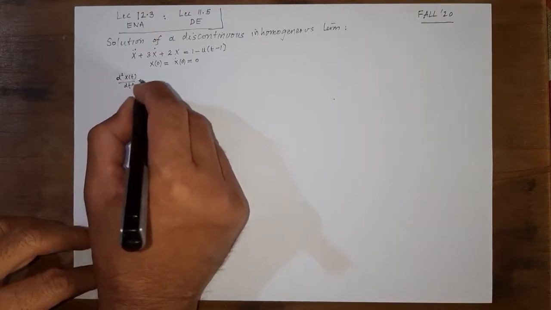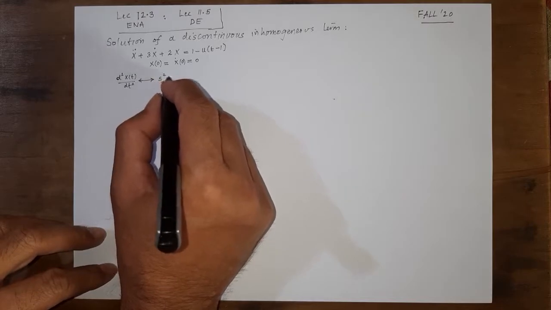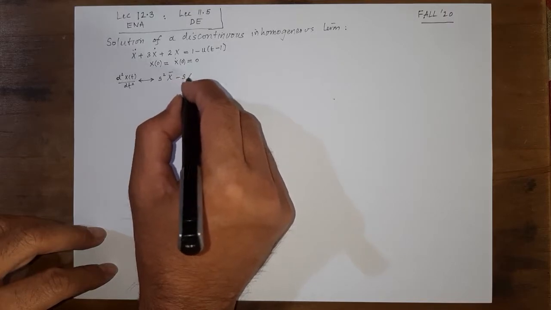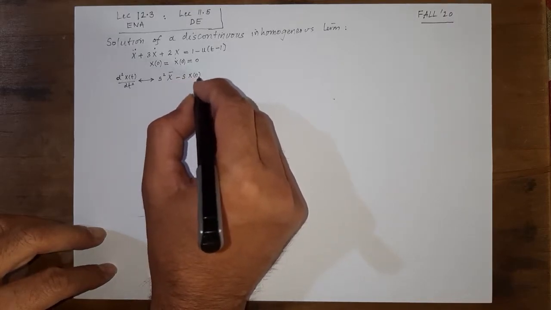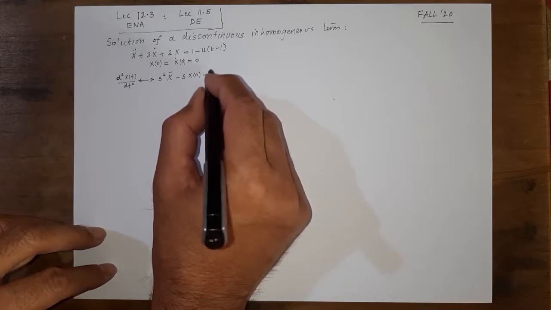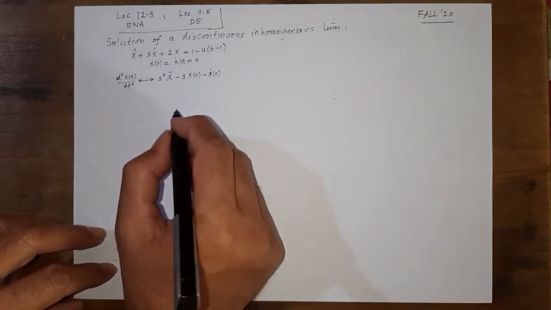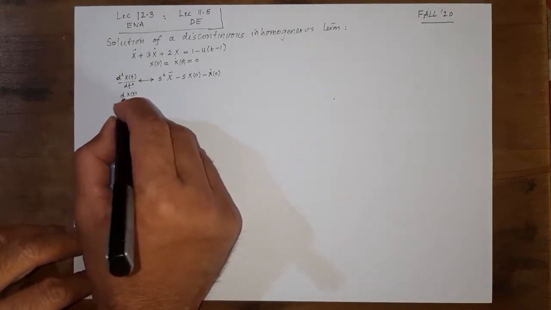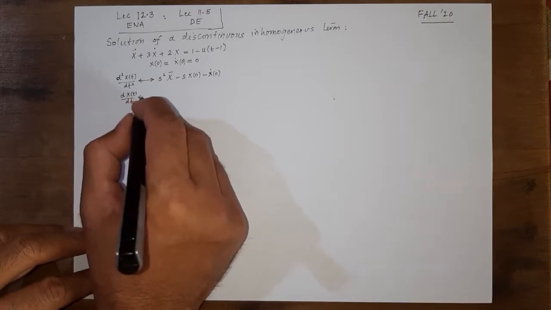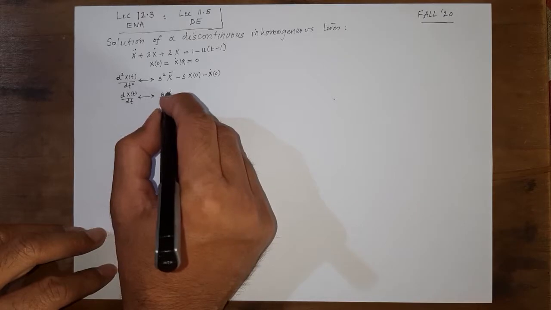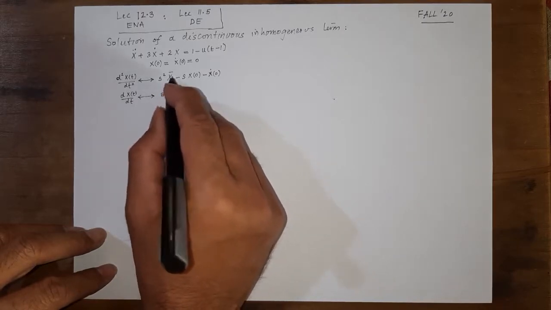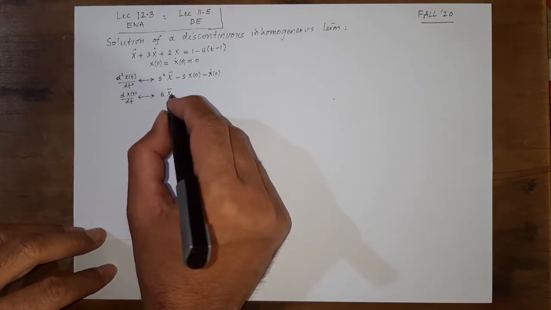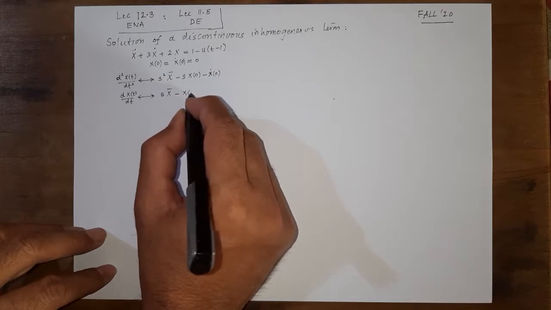is going to have a Laplace transform of s squared capital X minus s times the initial value minus the initial value of the first derivative, and the Laplace transform of the first derivative of x would be s times X of s minus the initial value.